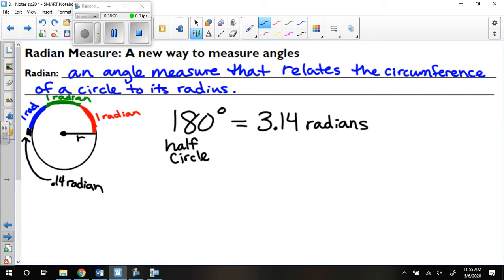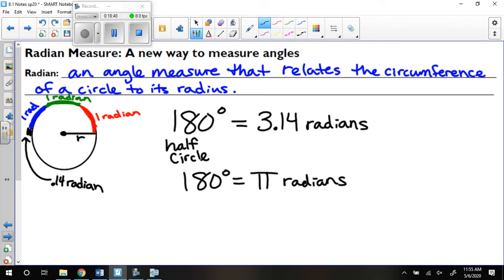Or, if you guys have caught on, 3.14 is what pi is approximately. So 180 degrees is equal to pi radians.